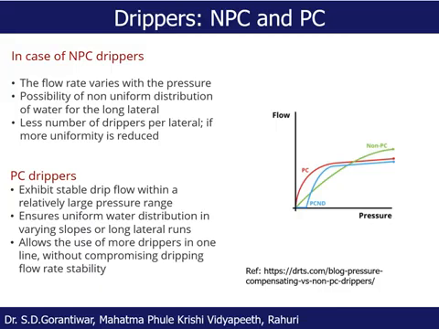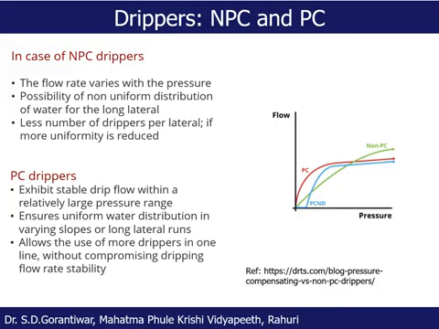And in case of pressure compensating emitter, what happens, a special kind of arrangement is made into the emitter such that over a certain range of pressure, if there is variation, the discharge is the same. Okay, so for example, if we take the previous case, if there is variation of the pressure from 10 meter to 6 meter in the system, then the arrangement made into the dripper is such that over that variation of pressure you will get the same discharge, that is 4 liter per hour.